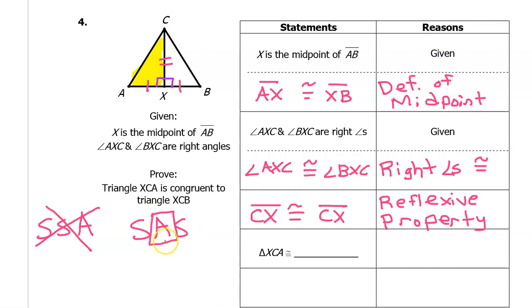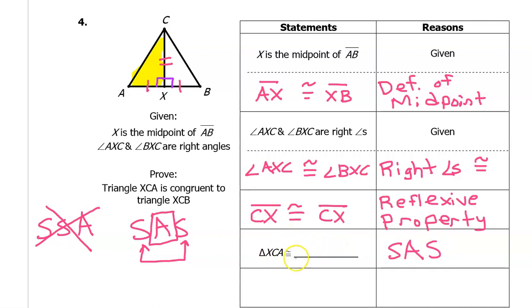Side-angle-side means that the angle is between the two sides. Is this purple angle between the two sides? Of course it is. Here's one side, here's the other side. See how they both meet at the purple angle? That's how you know that the angle is between the two sides. So this is in fact side-angle-side.